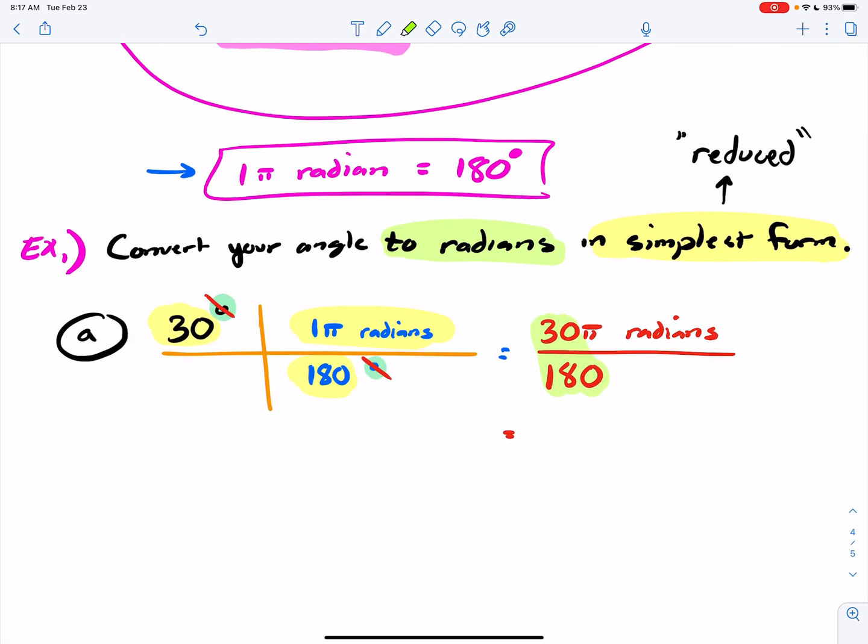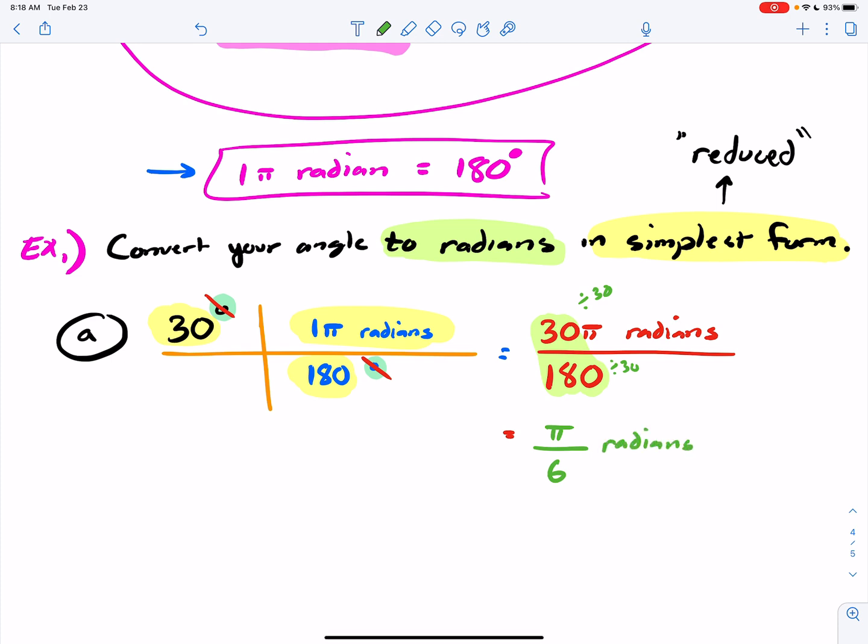So if I were to divide the numerator and denominator by 30, and feel free to use a calculator here, I don't mind, you would end up getting 1 pi over 6 radians.